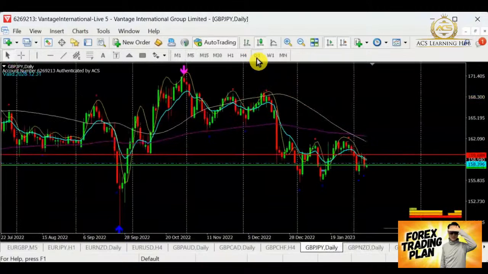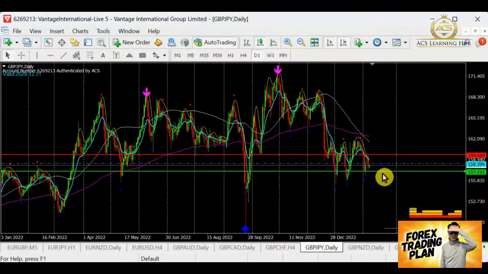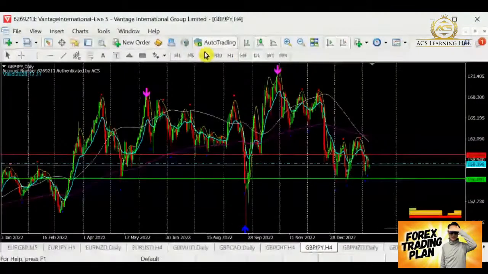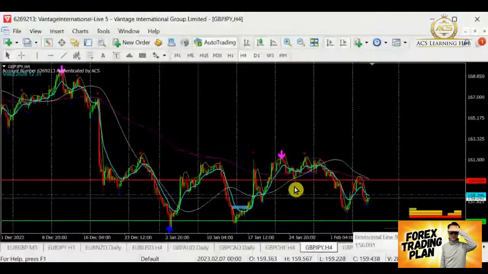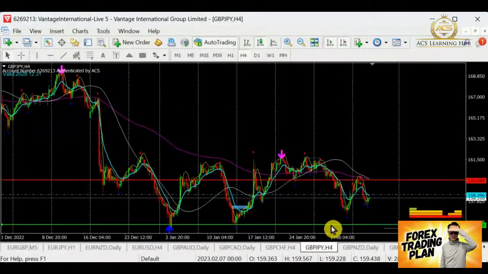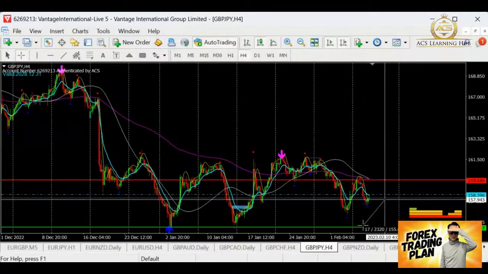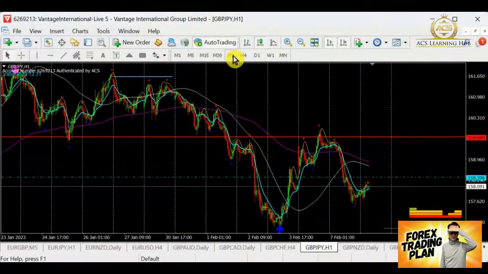For Pound yen, let's take a look. Pound yen, we are already in the bear. The bear has now tested the area, and we are still looking into this support area. To be exact, it should be here. At this point, we still have plenty of space down there, over 200 pips of space, but we need a resistance.